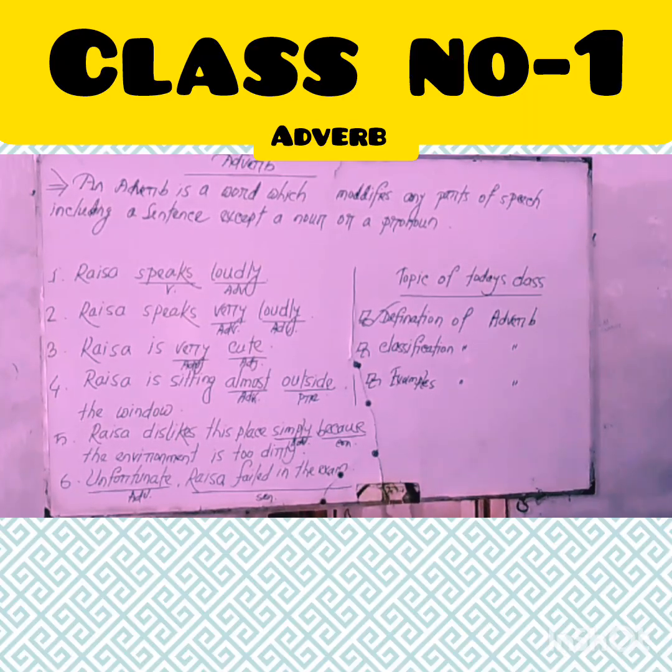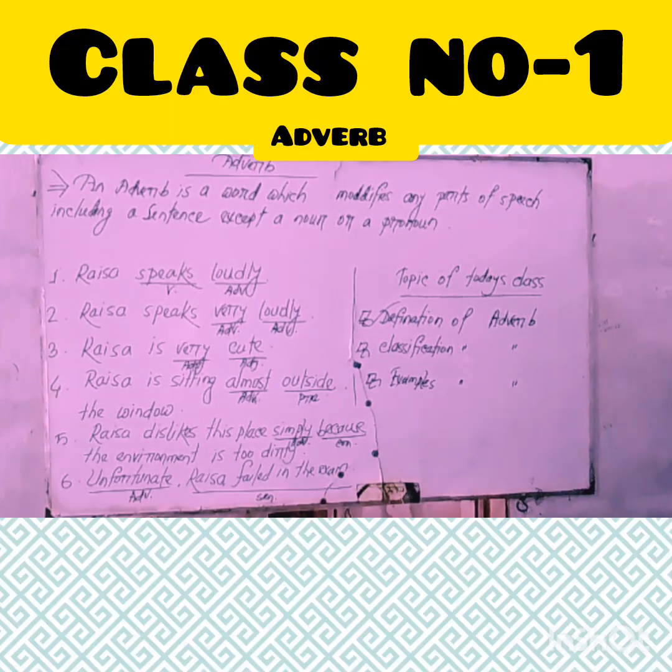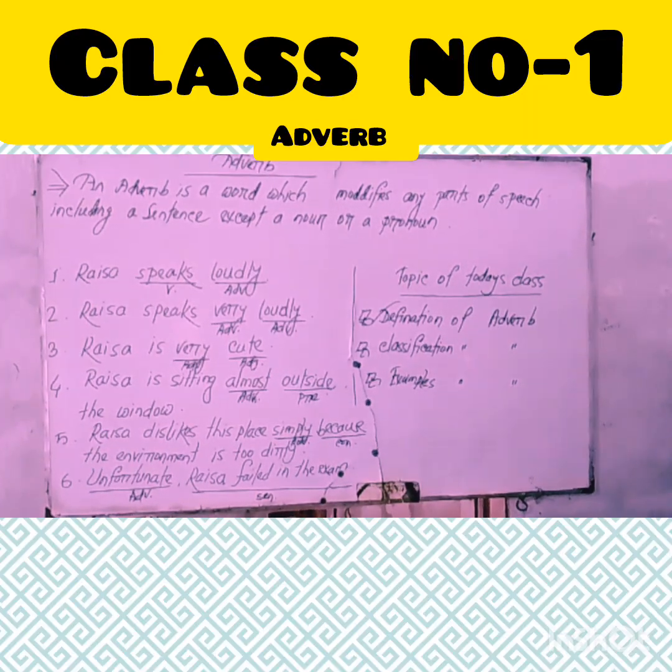If we except noun and pronoun, the remaining six categories are adjective, verb, adverb, preposition, conjunction, and interjection. Keep in mind that most of these parts of speech are modified by an adverb.